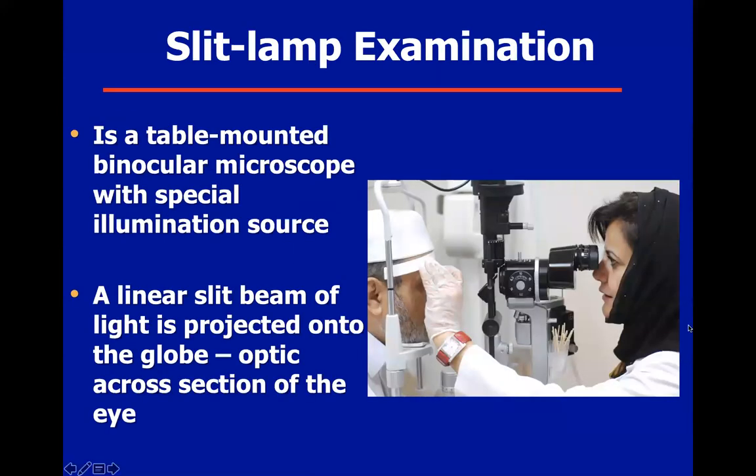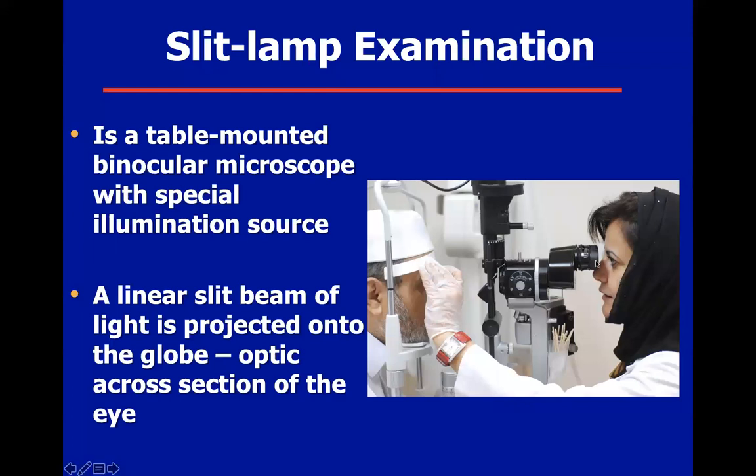The slit lamp examination is really a very integral part of our examination as ophthalmologists. It's usually table mounted. As you can see, I'm sitting on a chair, and so is the patient. It's a binocular microscope, as you can see. Both my eyes, this is me, both my eyes are actually into the scope, and it has a very special illumination source.